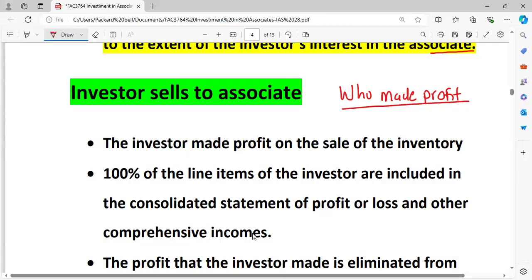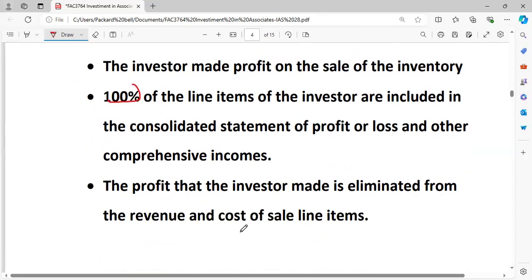If an investor sells to an associate, the investor is the one who sells to the associate. So the investor made profit on the sale of the inventory. Then 100% of the line items of the investor are included in the consolidated statement. Remember, we include everything for the investor.